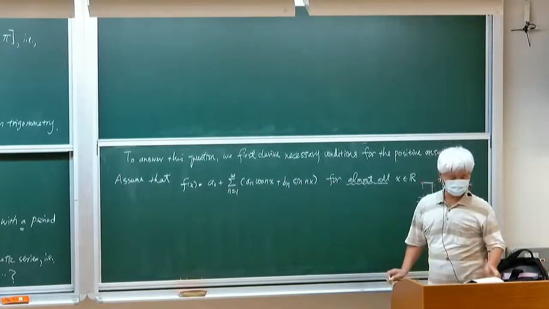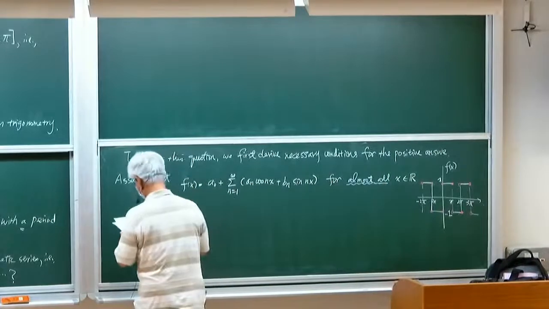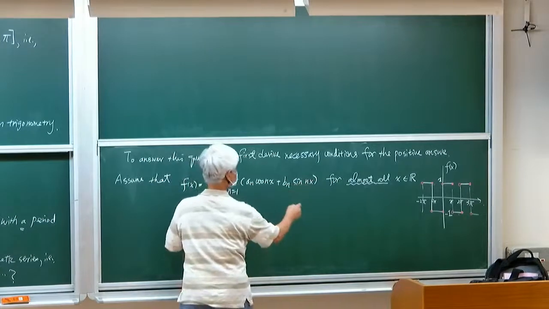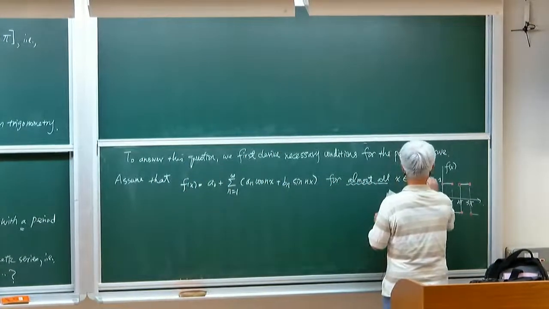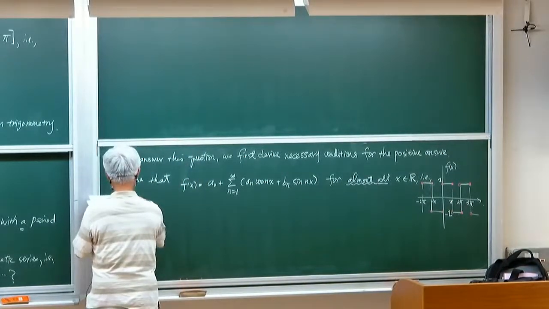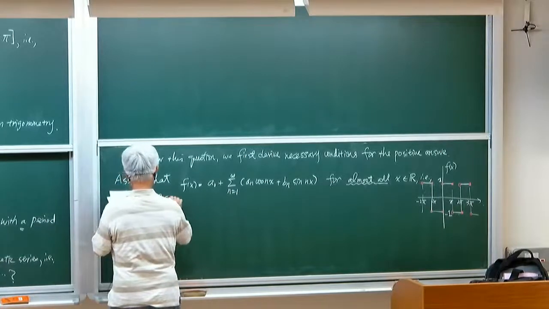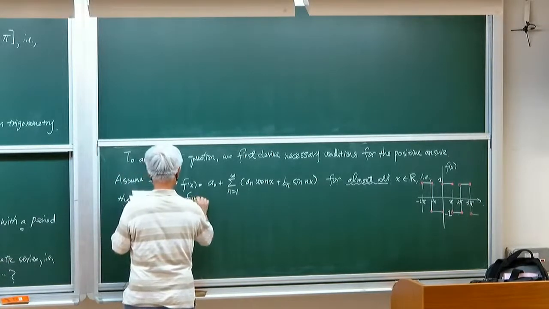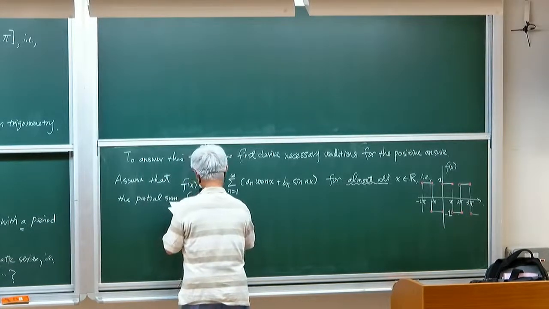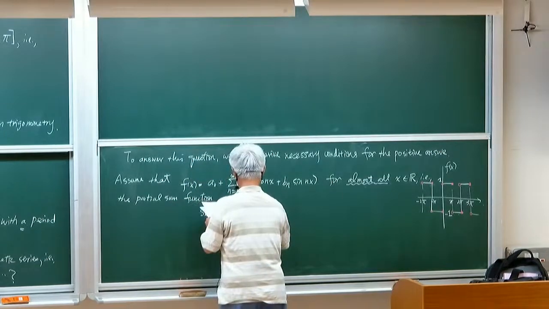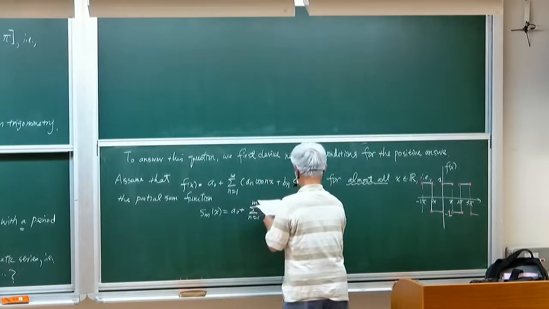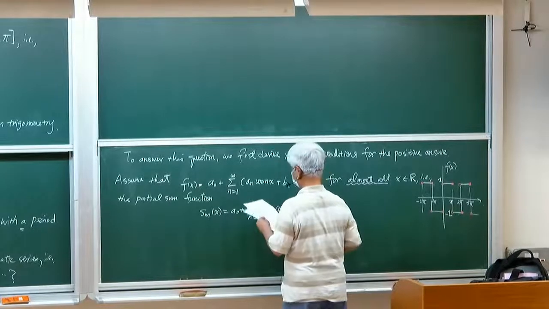Now I will explain the meaning of almost all. That is, the partial sum function s sub m of x is a0 plus the sum.